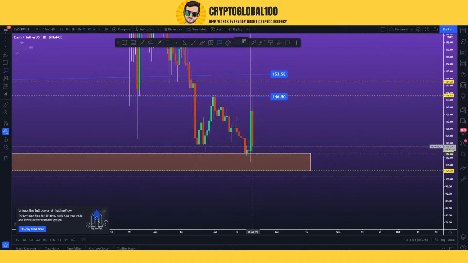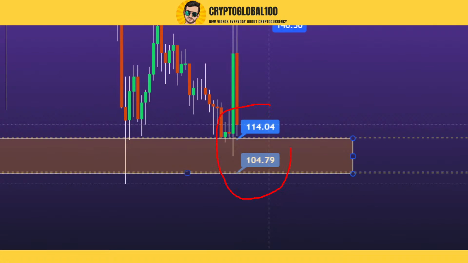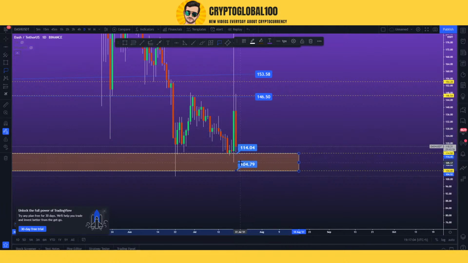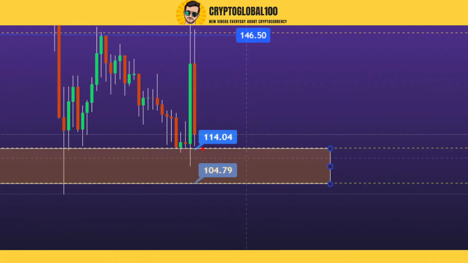Okay, this is the support. If this area gets broken, if this candle closes below the area of 104, then we would be going down. But if it closes above 114, then we might see some retracement back to move on the upside.